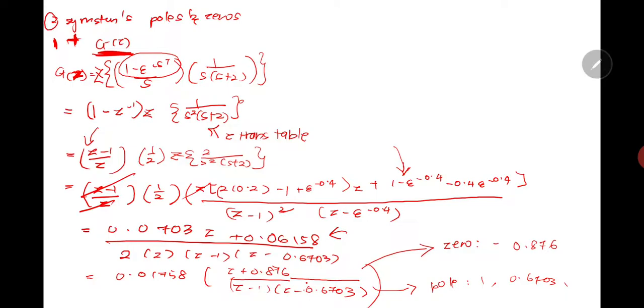Okay, so the second step is to get the system poles and zero. The third step is to get the angle of deficiency.